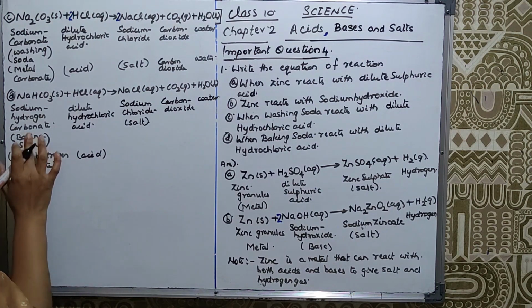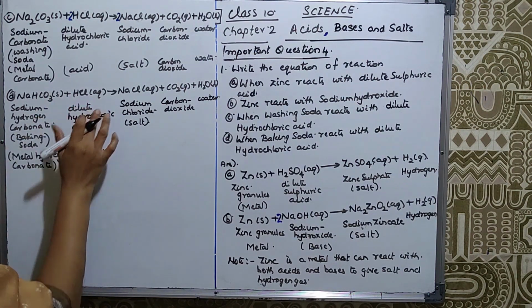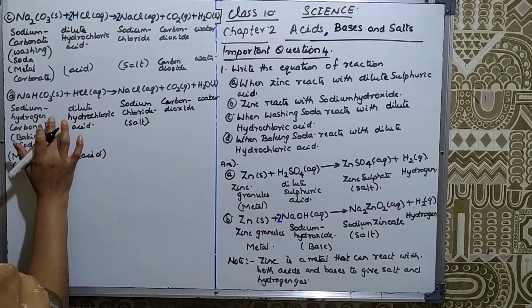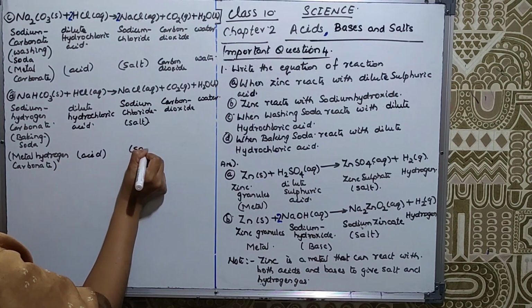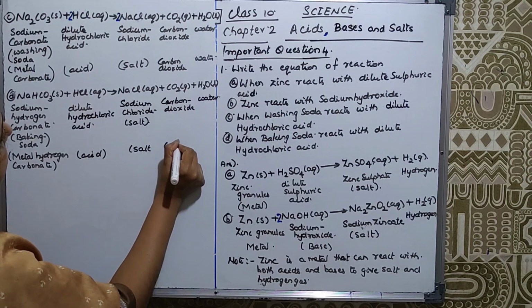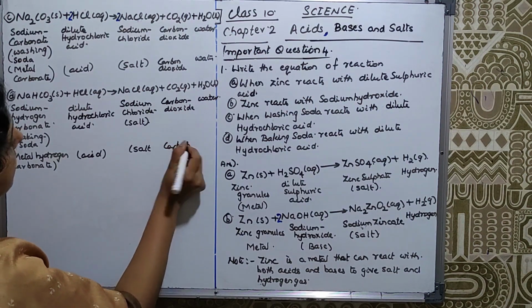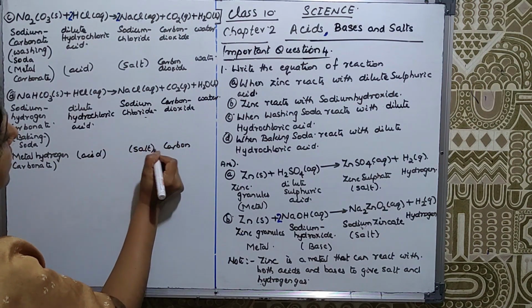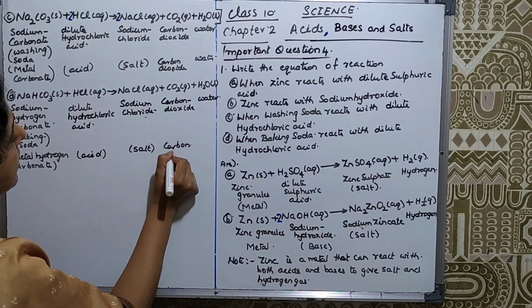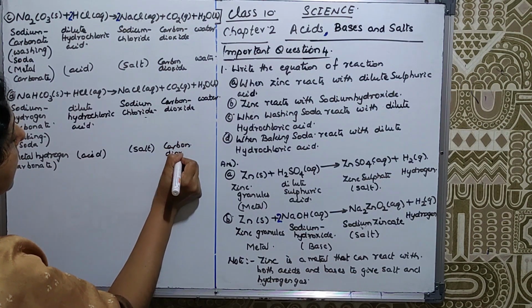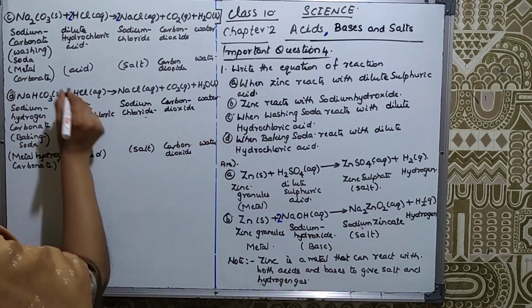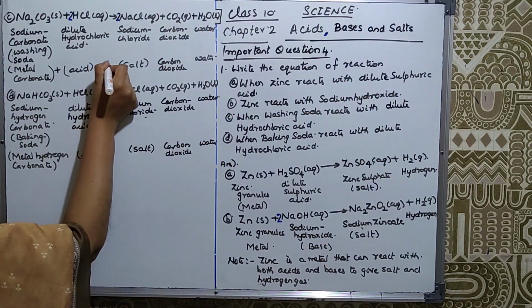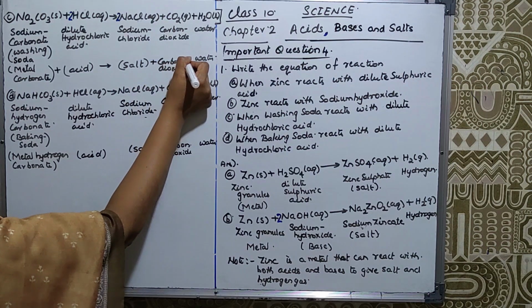So it is already a balanced equation. In general, metal hydrogen carbonate reacts with acid to give salt, carbon dioxide and water. If you want, you can write it as gives salt plus carbon dioxide plus water.